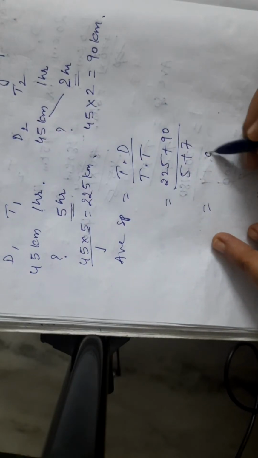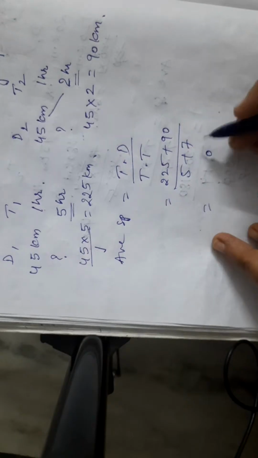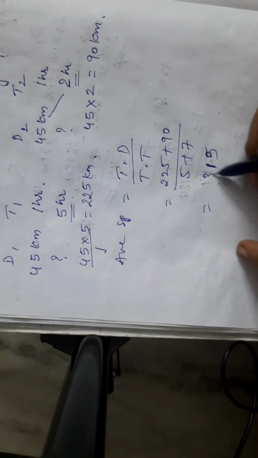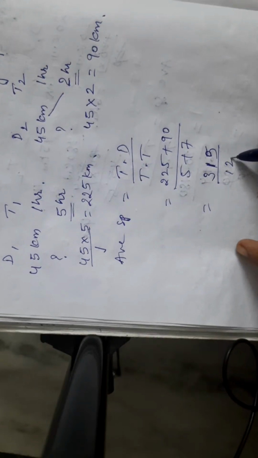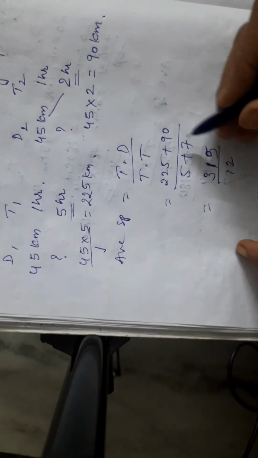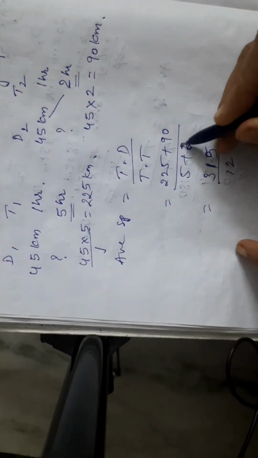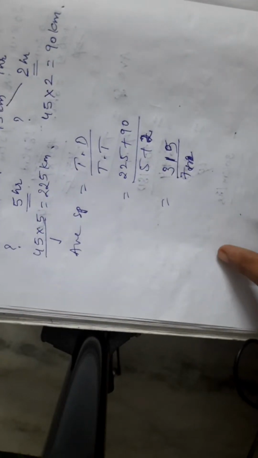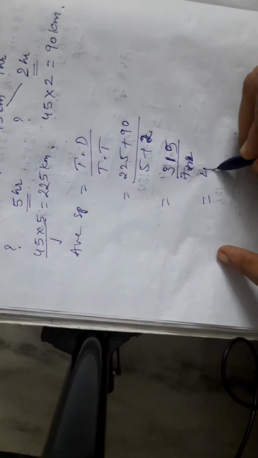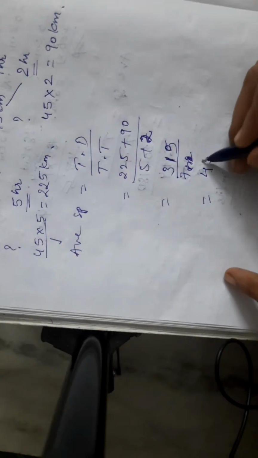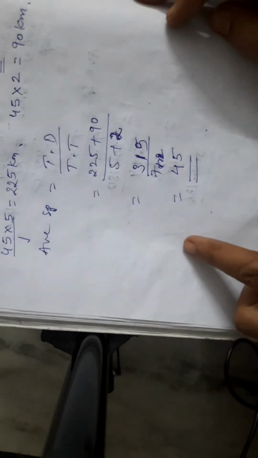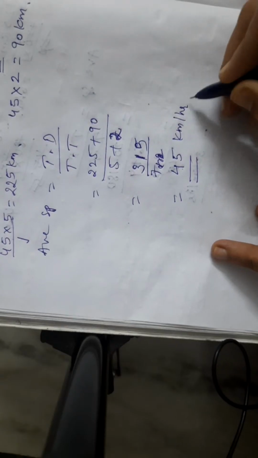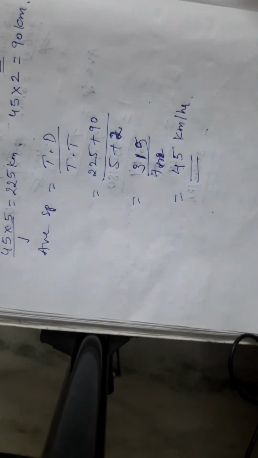Thus the total distance is 315, divided by 7. 7 fours are 28. 7 fives are 35. So we got average speed as 45 kilometer per hour. So this is what we completed with average speed.